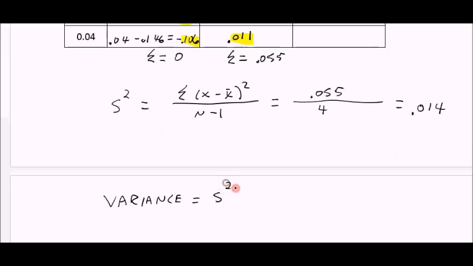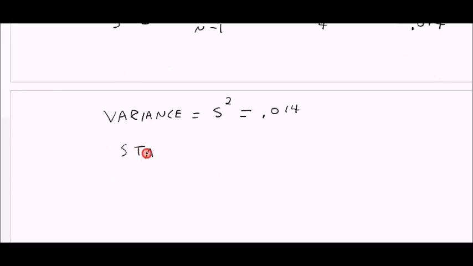And we use that notation s squared so we don't forget the fact that we got that number by squaring these deviations. Remember, we want the standard deviation, which is not s squared, but s. Well, if you've got s squared and you want s, just take the square root of s squared.